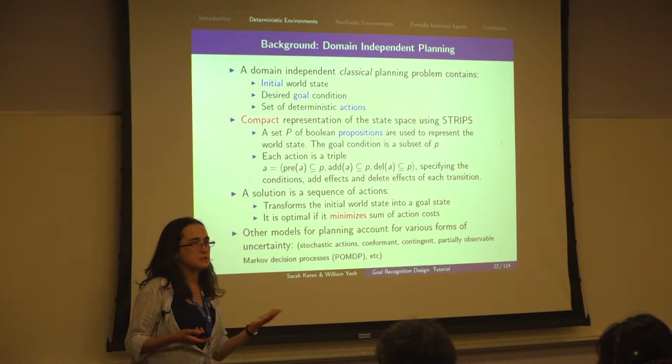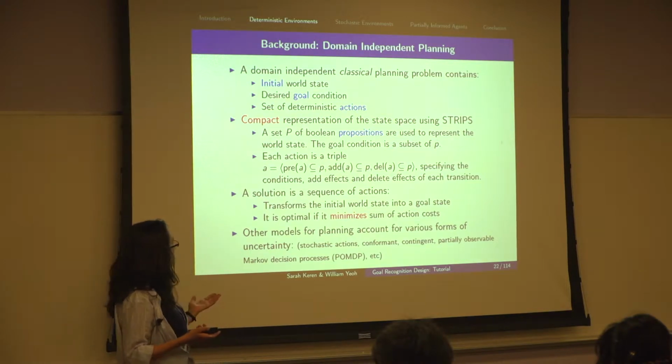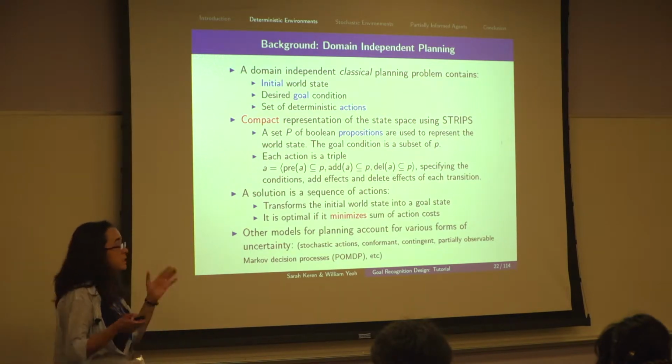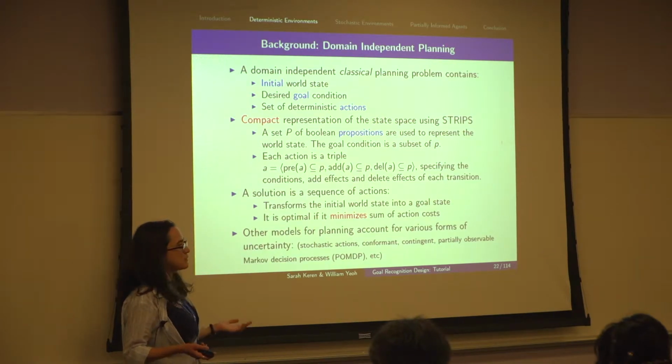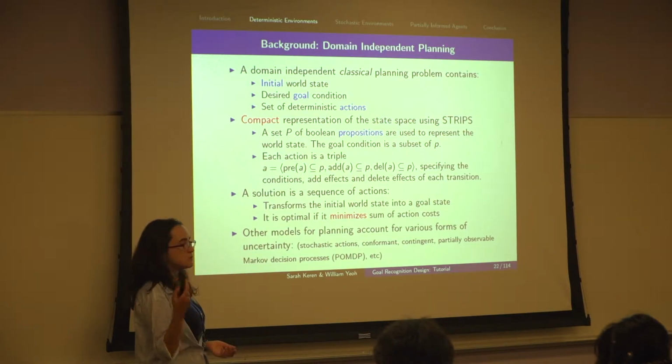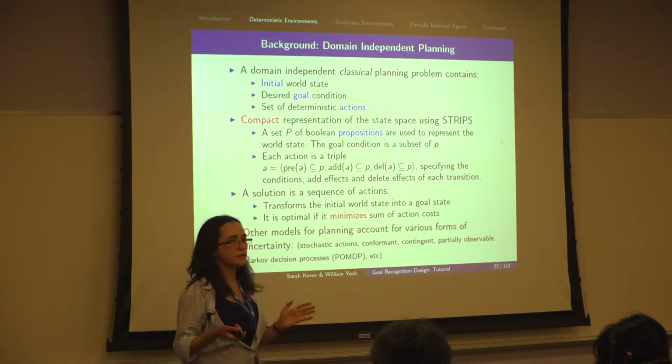Each action is a triple with precondition, add effects and delete effects. And the solution that we want to find in a planning problem is a sequence that minimizes the cost from the initial world state to the goal state. And it's optimal if it minimizes the sum of action costs.